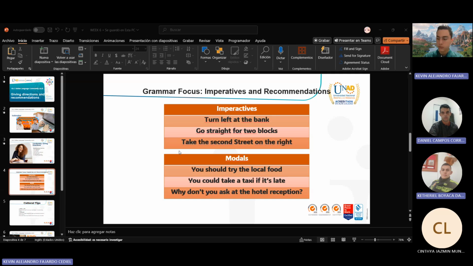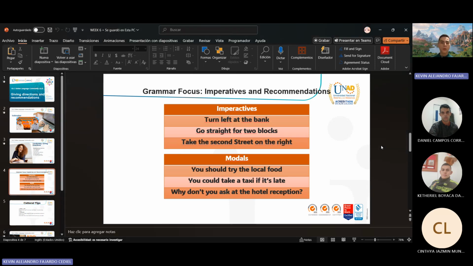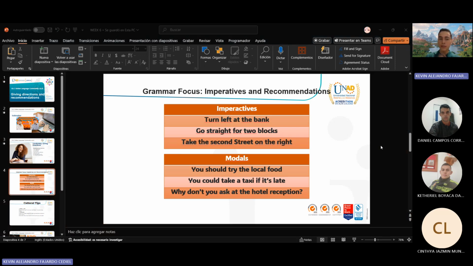For me, I understand you. The imperative is the easiest way to give a direction, very fast, right? Yeah. The imperative is used to give directions because we make the instruction easier and faster than with a complicated structure like "you have to go straight or take the second street."